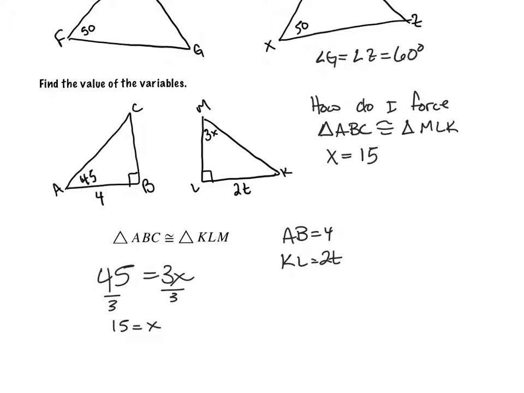Do AB and KL correspond? Yes, right? You have AB, KL. So if they're going to be congruent, their measures have to be the same, so it has to be equal, right? How do I get rid of the 2? Divide. So 2 is equal to T.